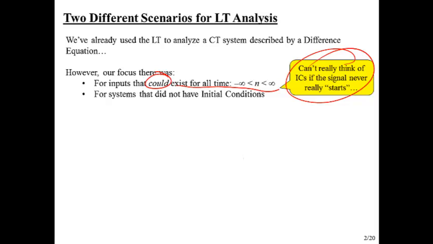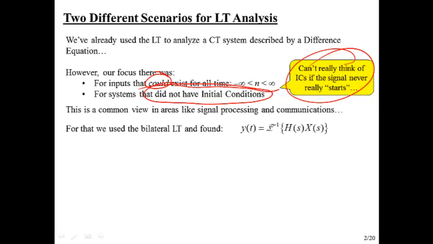And even if our inputs didn't exist for all time, we still assumed that they did not have initial conditions. We were not interested in analyzing that case. And as we've said, that's a common view in signal processing and communications. For those kinds of systems, you don't normally even fuss about initial conditions.